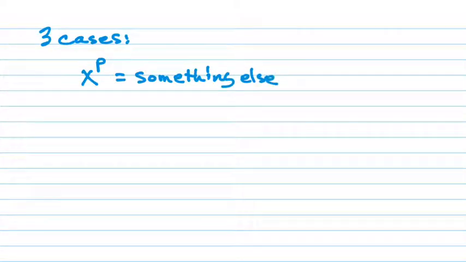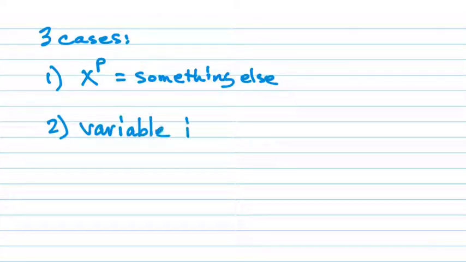But you're going to see in the second set of things that we do that it doesn't have to be a number. Right now they're going to be numbers. Okay? Second case is where the variable is in the exponent.